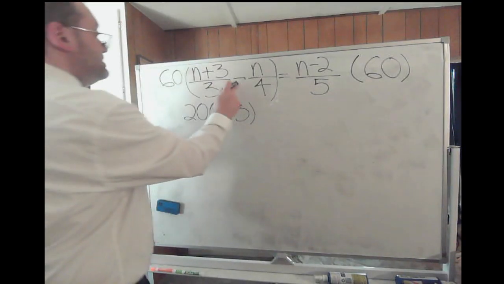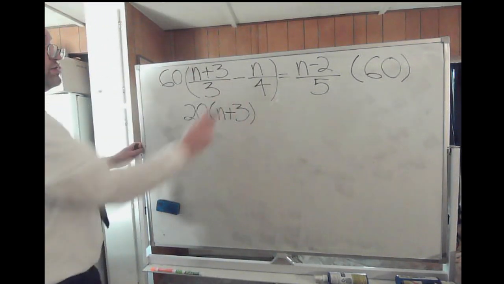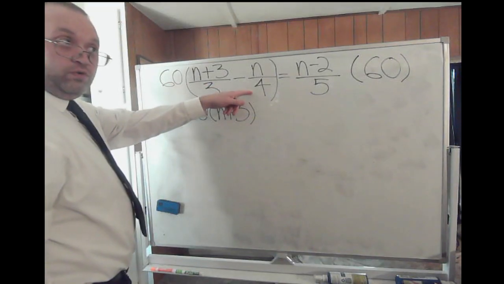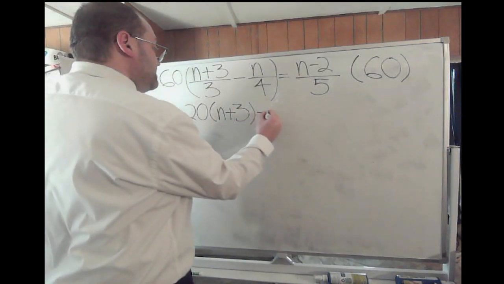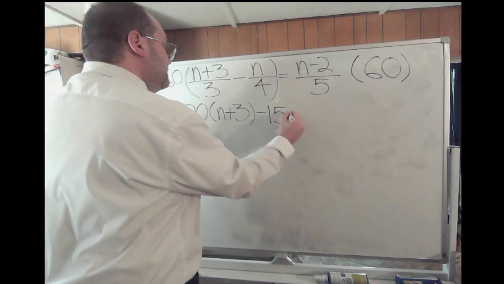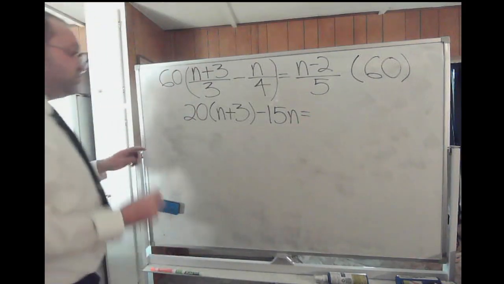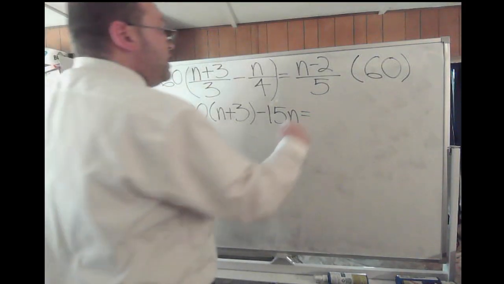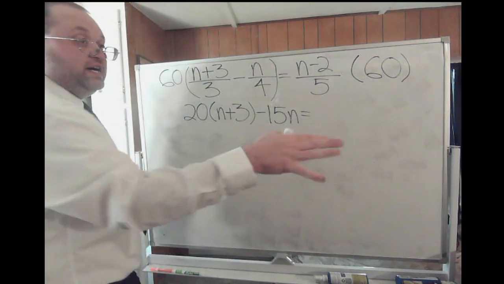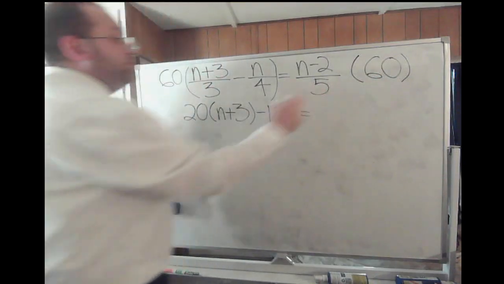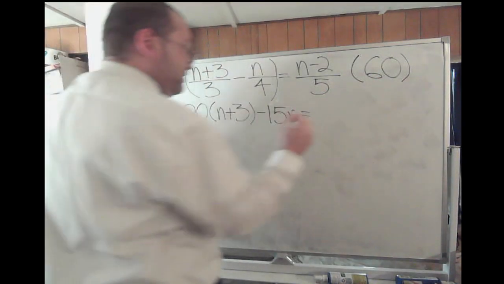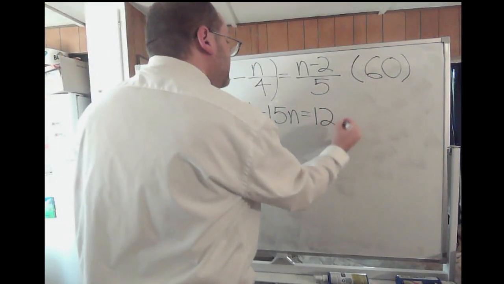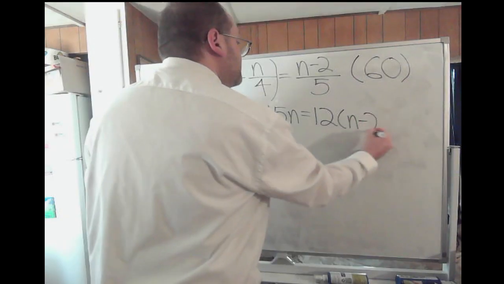Now minus, let's see, you have 60 times n over 4. 60 divided by 4 is 15, so that'd be minus 15n is going to equal we have n minus 2 over 5 times 60. Well, 60 divided by 5 is 12. You'll have 12 times the quantity of n minus 2.